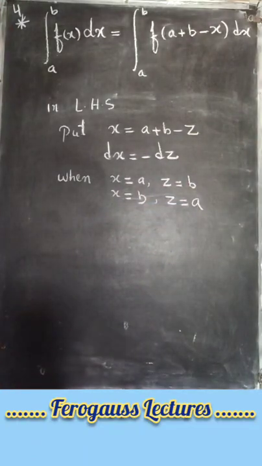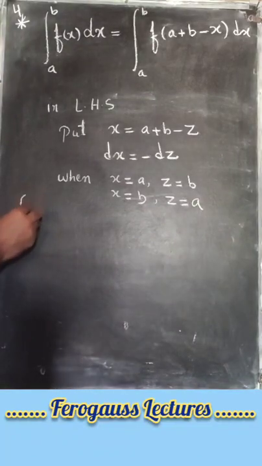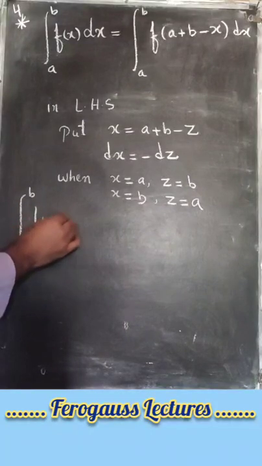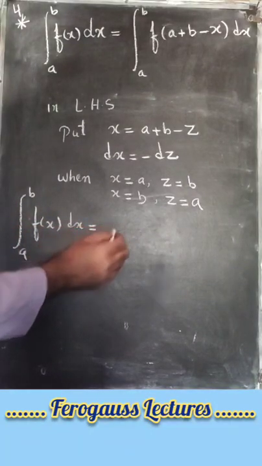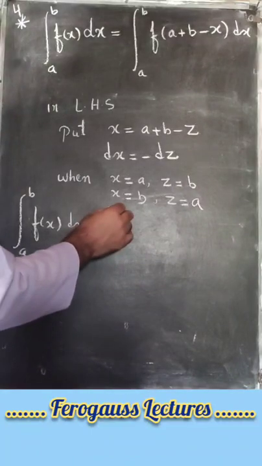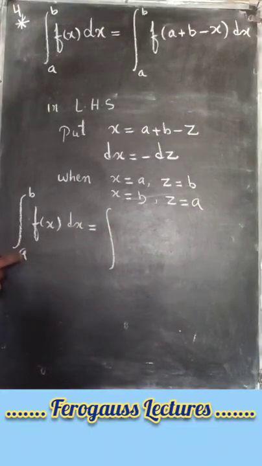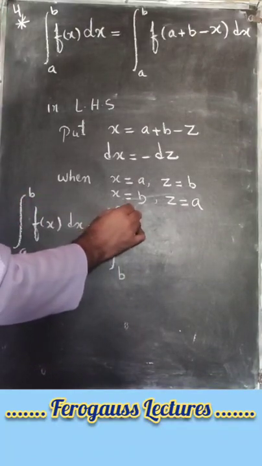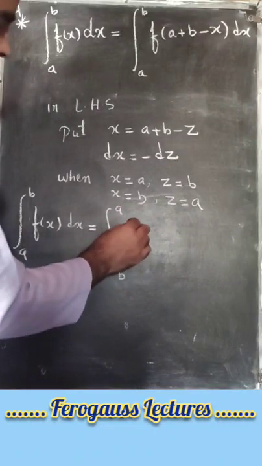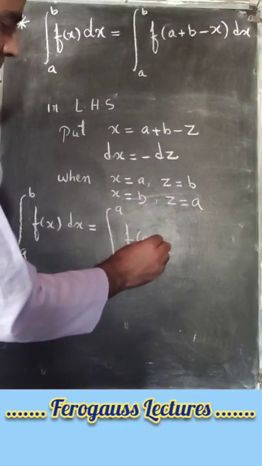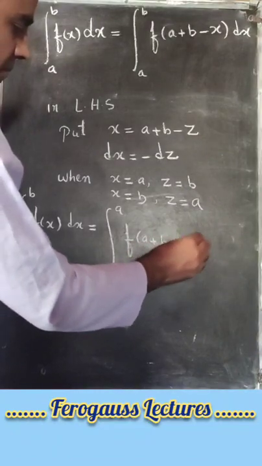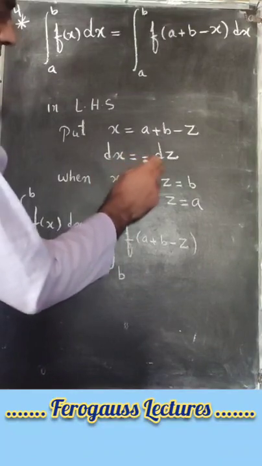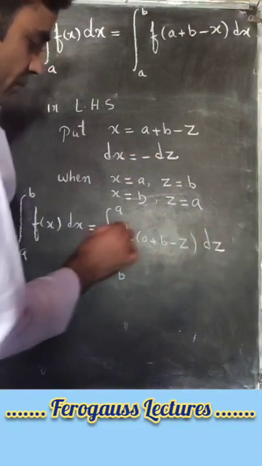Thus the integral from a to b of f(x) dx is equal to the integral, now when x is a, z is equal to b, and when x is equal to b, z is equal to a. We have f of, instead of x, a + b - z, and instead of dx we write minus dz.